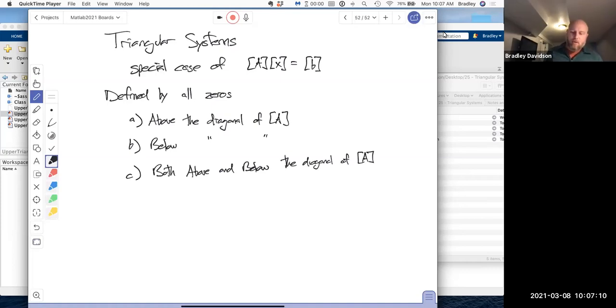In our first scenario, with zeros above the diagonal of A, this is called an upper triangular.